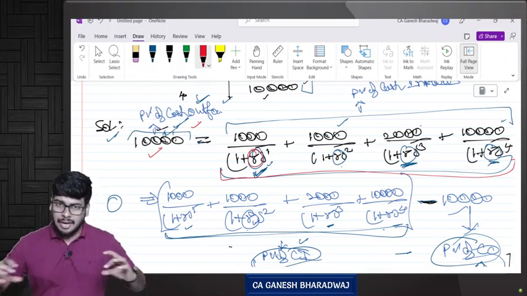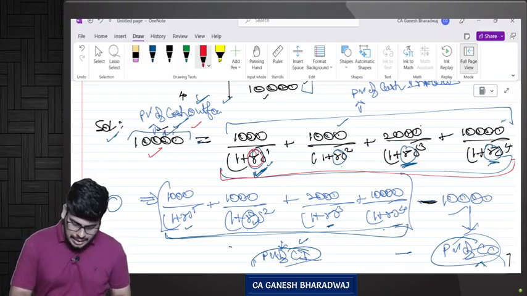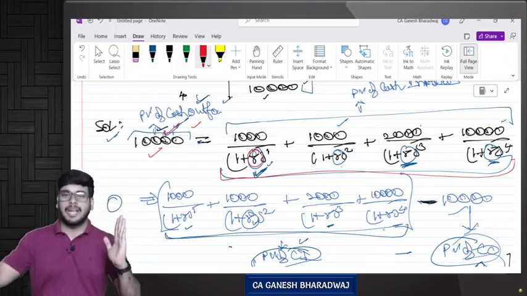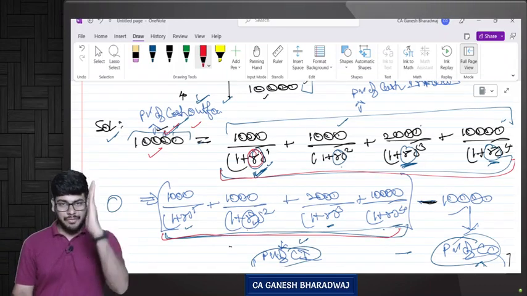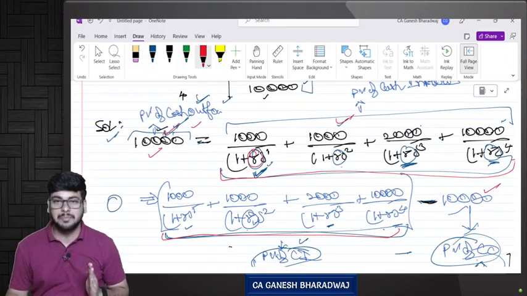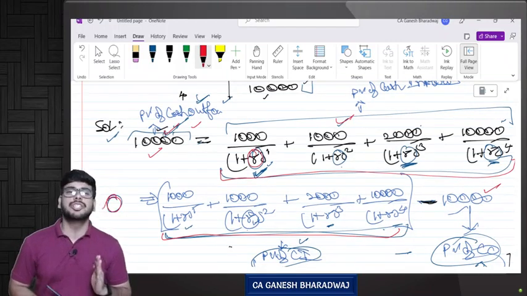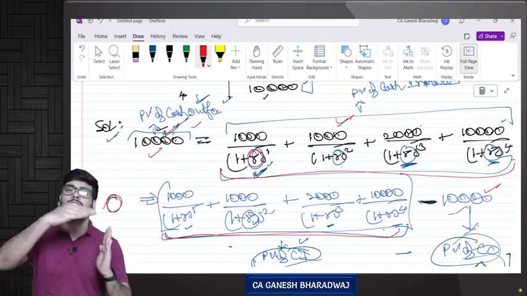So first we framed the cash flow equation. Now I took this 10,000 to the right hand side. So we already have the present value of cash inflows on the right hand side, minus 10,000, which is the present value of cash outflow, is equal to 0. Correct or not? Yes, because everything on the LHS has been taken to the RHS.